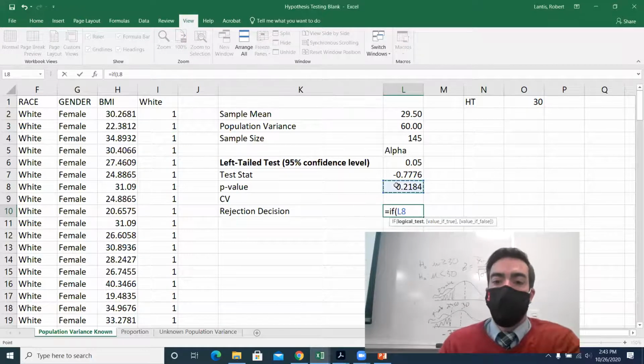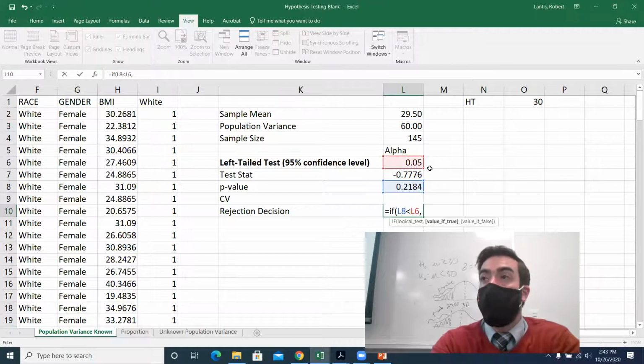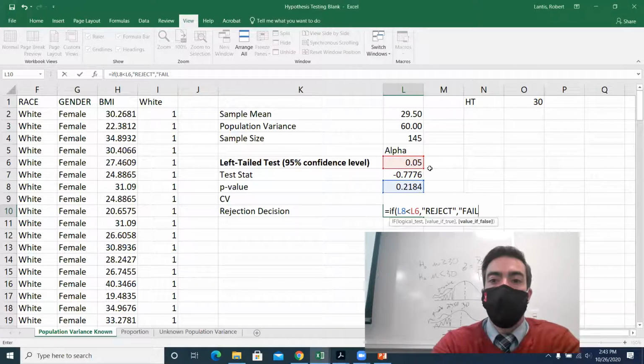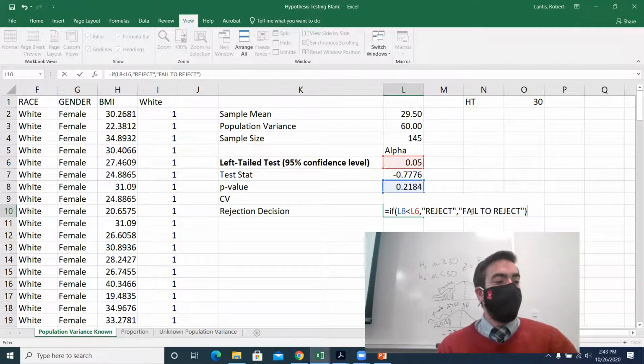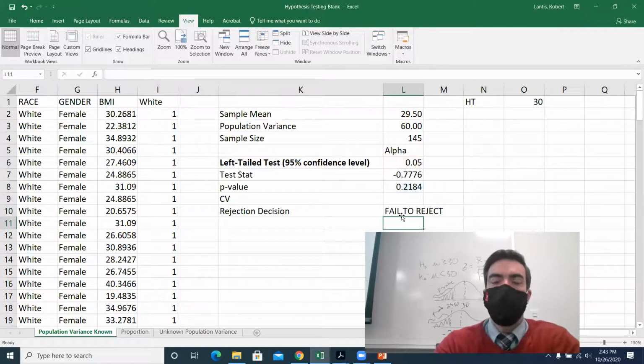If my p-value is less than alpha, comma, if that is true, I should be rejecting, comma, if it's not true, I should be failing to reject, and we'll put fail to reject as what the cell shows us. Clearly here, if I hit enter, we should see this cell say fail to reject, because my p-value is not less than alpha. Sure enough, it does.